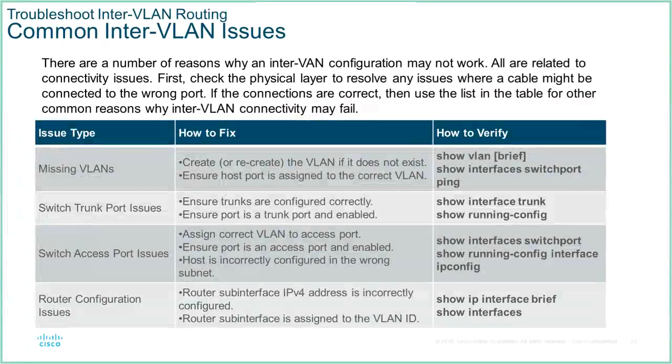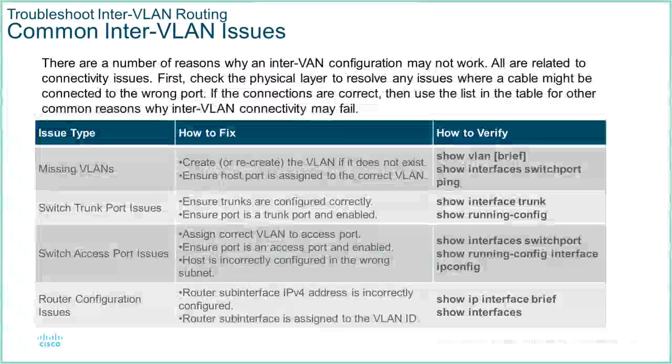Make sure your port is an access port, not a trunking port, and you've got a host connected to it. And make sure your host is configured for the correct IP address range for that VLAN.